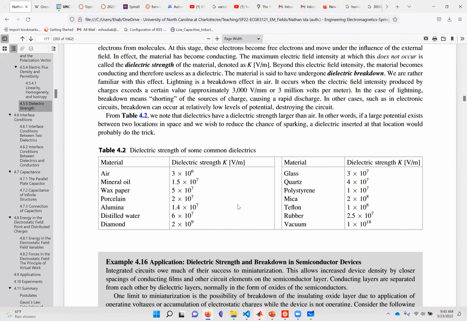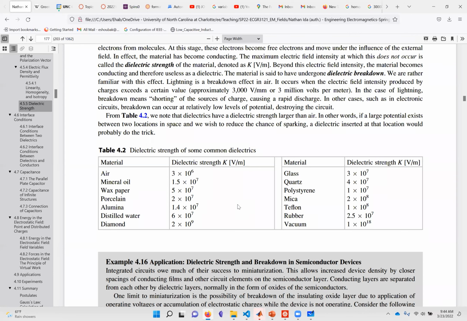So the dielectric strength in volts per millimeter is going to be 3,000. If you have two conducting surfaces 1 millimeter apart, the voltage between them should not be more than 3,000 volts, or else you're going to get arcing between those two conductors.